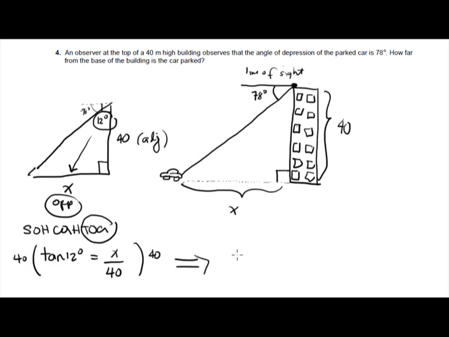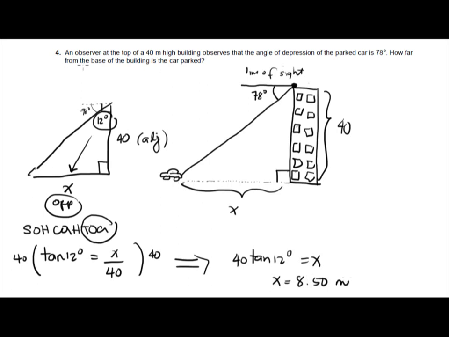This will give us 40 tangent of 12 degrees equals the value of x. Then we just need to compute the exact value of 40 tangent of 12 degrees, and that will give us 8.50. So the value of x is 8.50, in meters.